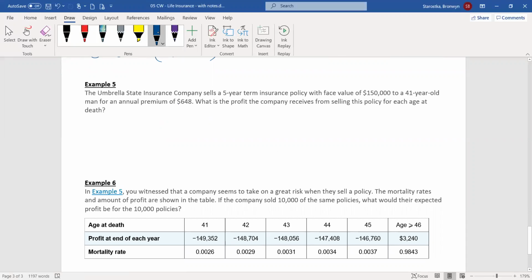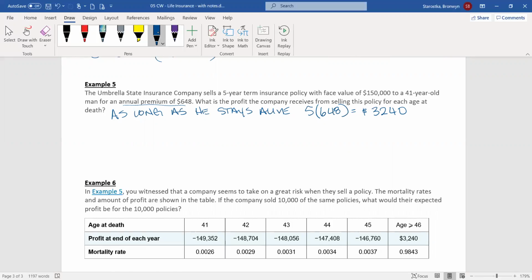As long as a man's alive, then for those 5 years, it's going to be 5 times the annual premium, $648, and the company's going to realize $3,240 in profit over the next 5 years if the man stays alive.